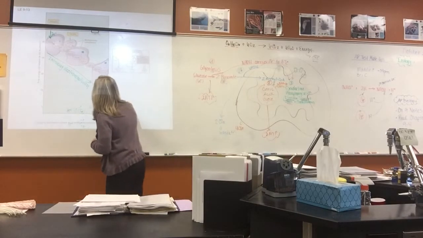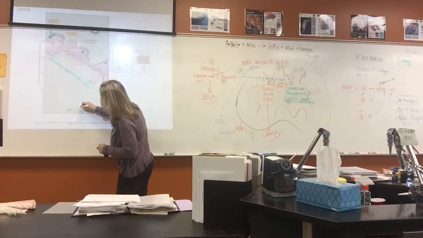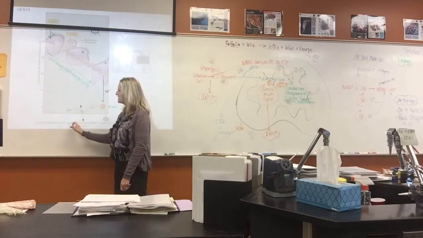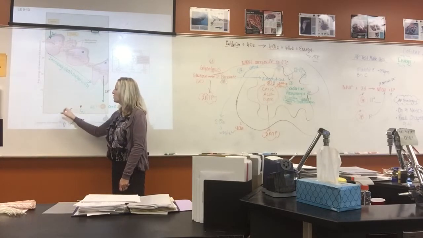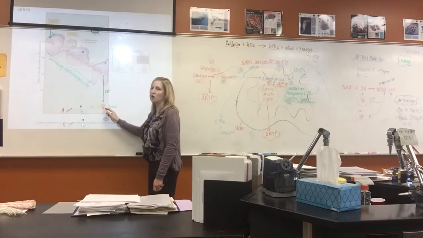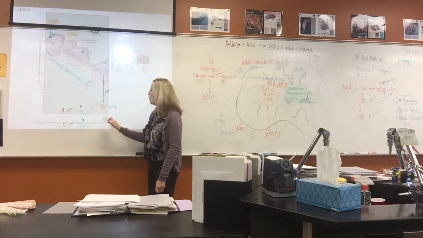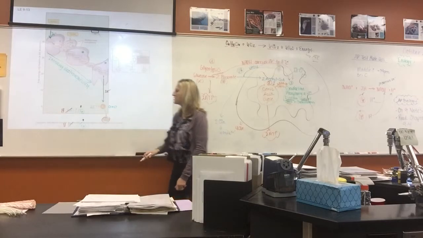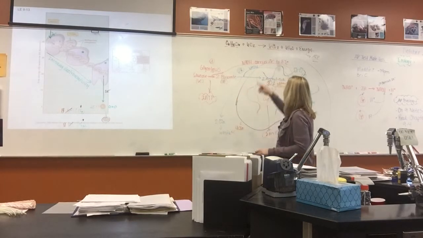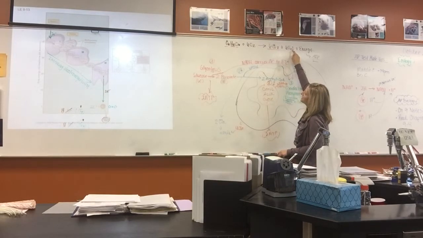These two electrons right here come and replace the missing ones. So now instead of two H pluses, we have a nice whole H atom. Two H's and one O make one water molecule. All right, so this is your water molecule. This is the water that's released here at the end.